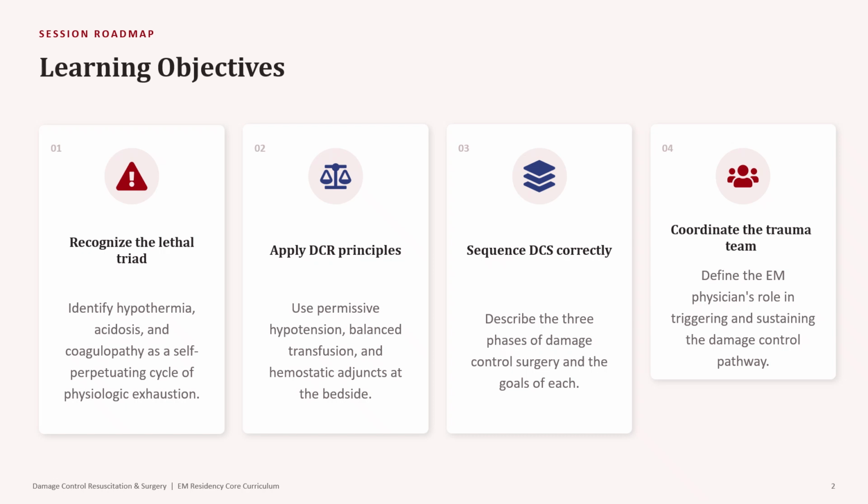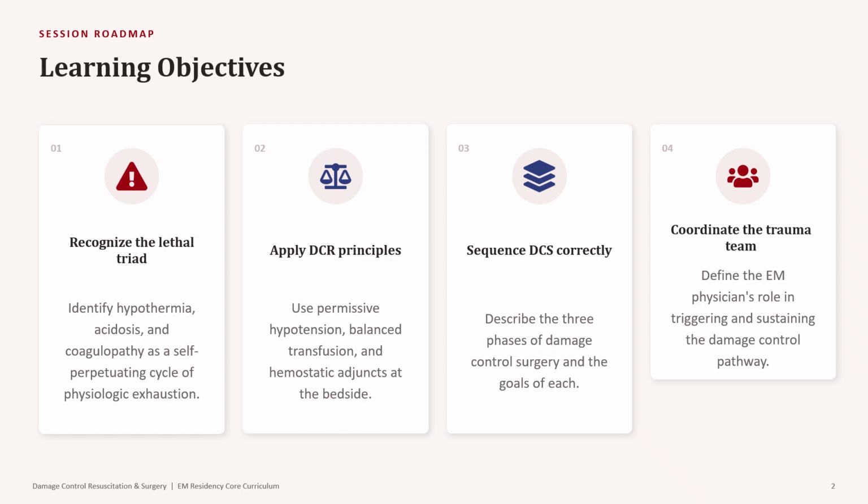Learning objectives of this lecture include recognizing the lethal triad, how you are going to identify the components of the lethal triad, like hypothermia, acidosis, and coagulopathy, as a self-perpetuating cycle of physiological exertion.